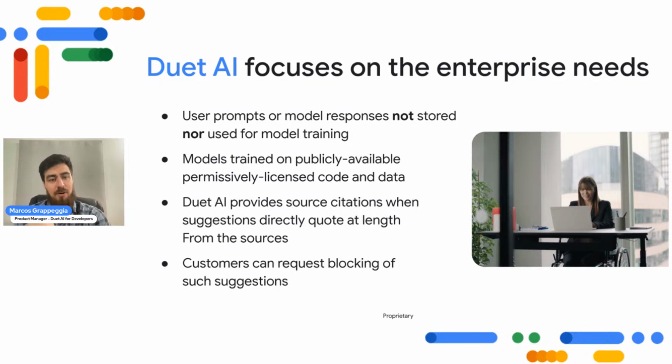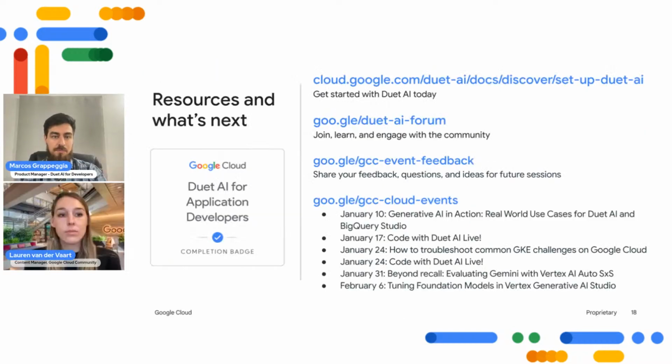And as I mentioned before, whenever Duet AI provides suggestions which cite code at length, you get citations displayed on the Duet AI UI, and customers have the option of requesting the blocking of such suggestions if they want to have a more aggressive posture towards blocking potentially licensed code.